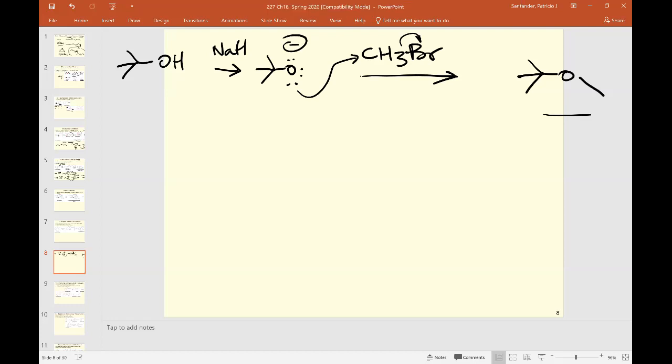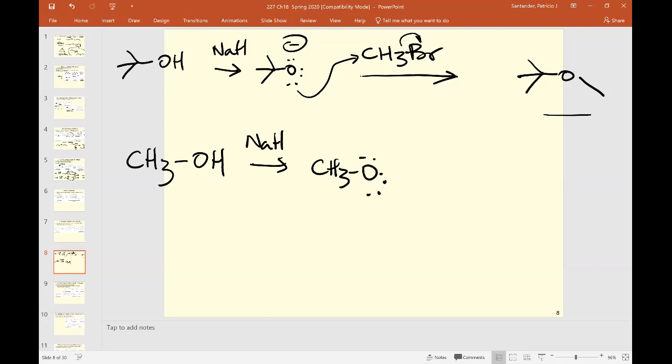How about if I have the bad idea to prepare the alkoxide out of methanol, deprotonation of that with sodium hydride, that will give me my alkoxide.